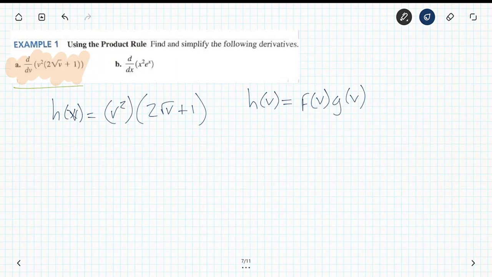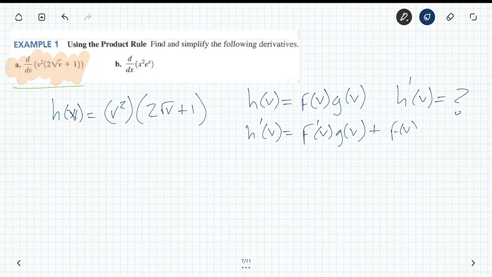Okay, and we want to find h prime of v. So we don't know what that is, but we do know the product rule. And so we know that h prime of v is going to be f prime of v times g of v plus f of v g prime of v.